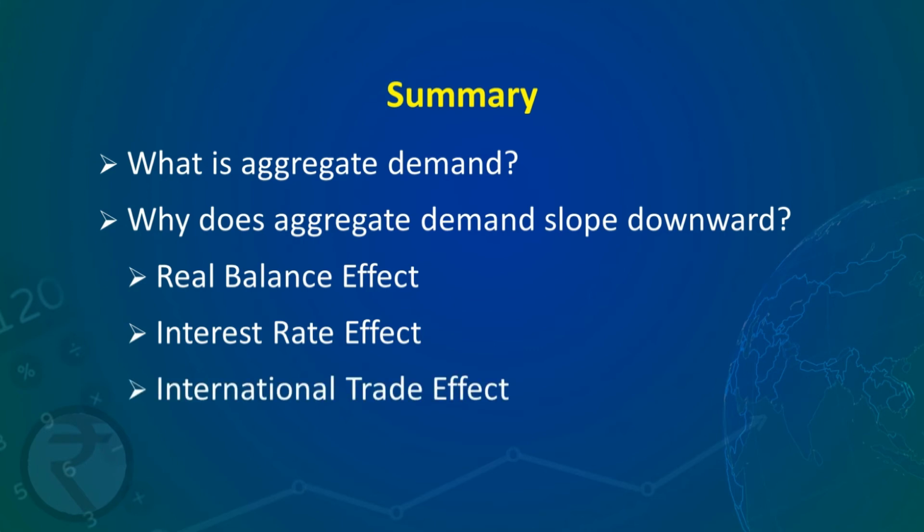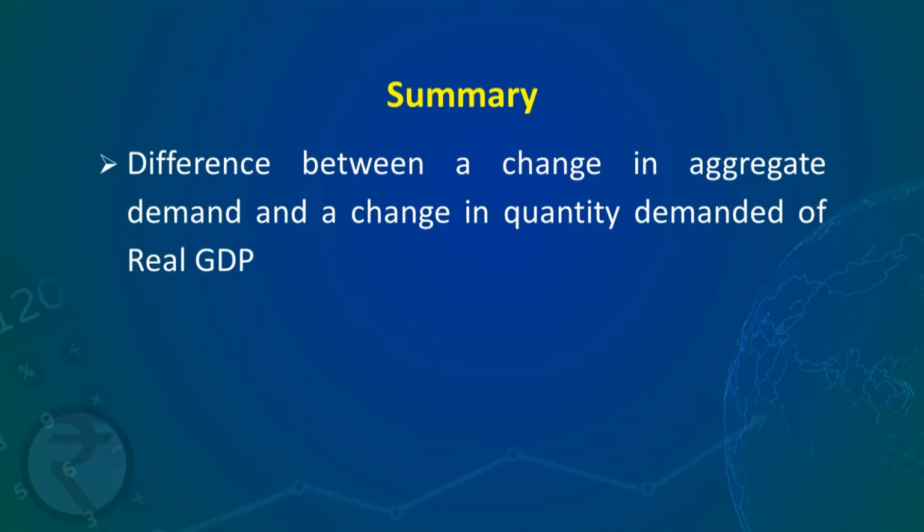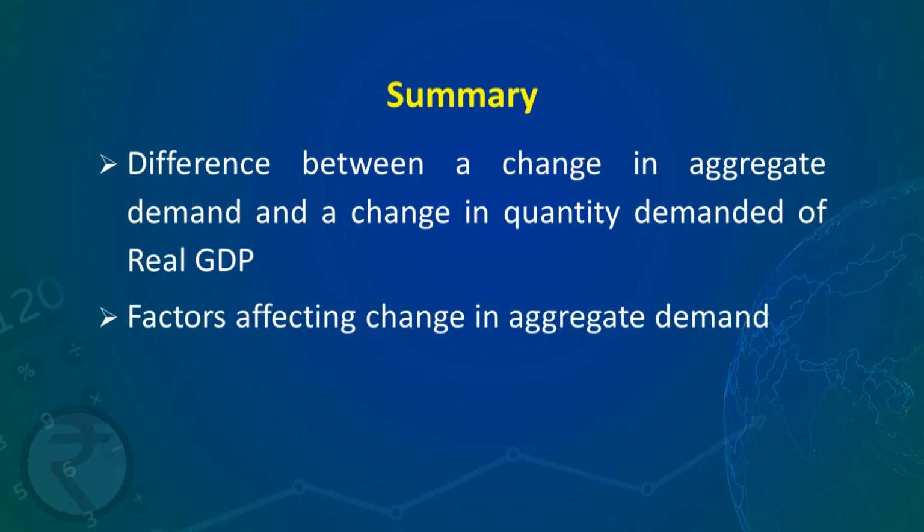Then we did what is the difference between change in aggregate demand and change in quantity demanded of real GDP. Change in aggregate demand takes place because of the other factors and change in quantity demanded takes place because of the change in price. We also talked of factors affecting change in aggregate demand.